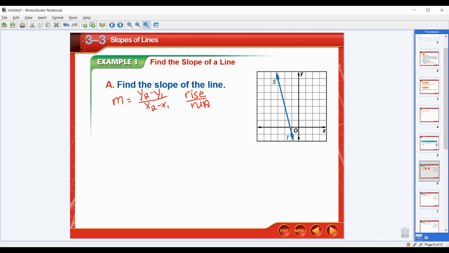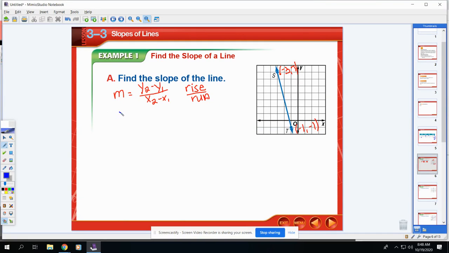So let's go ahead and get started here. S appears to be -3, 7. And then t down here is going to be -1, -1. All right, so these are our points here. I am going to go ahead and write these points down.